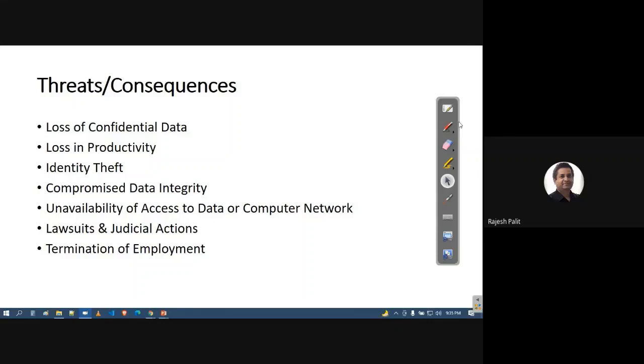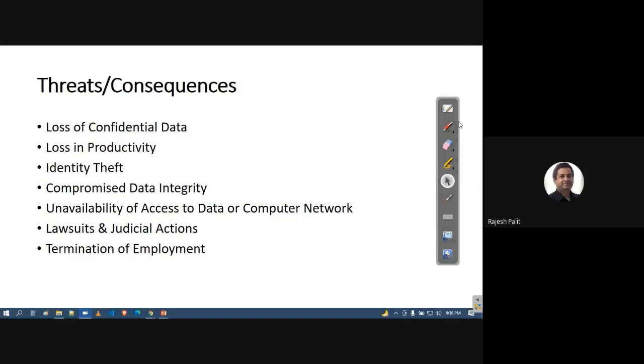You cannot access the internet, or you cannot access some specific folder or disk, and your company may sue you, saying you have lost this data, or even your customer can sue the company. For example, due to you, my credit card data has been stolen from your server, so you must pay 1 million taka, or $1 million, or $100,000.